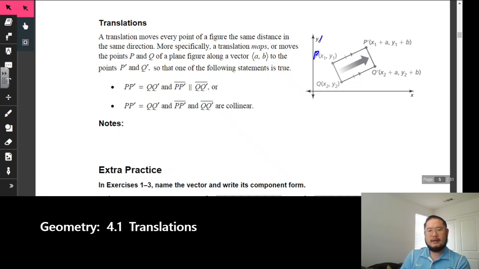This is P, initial. Right here, I've got P prime. That's terminal. All right, so make sure you understand that when you label things, you've got P and P prime or whatever letter, and then the prime of that.